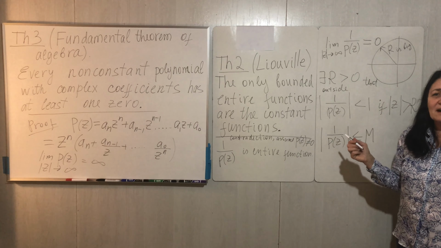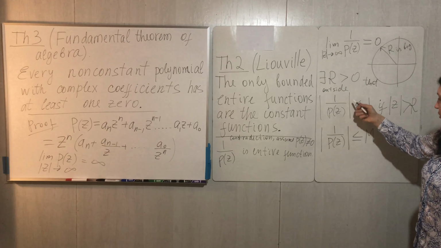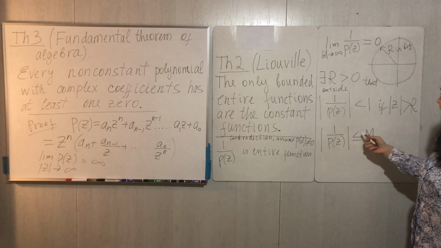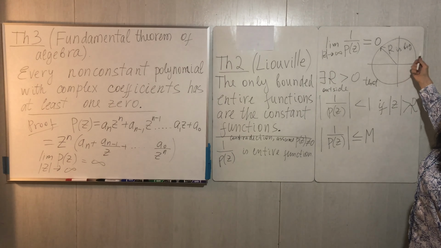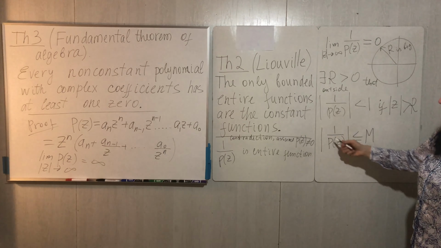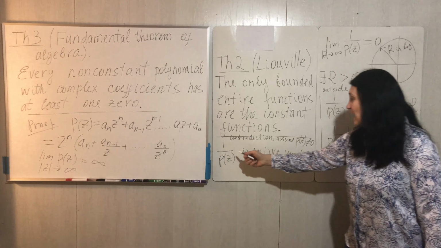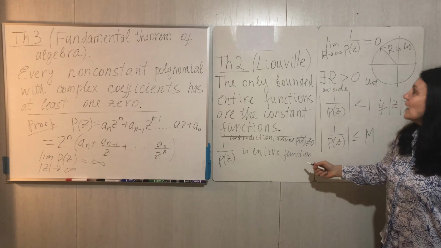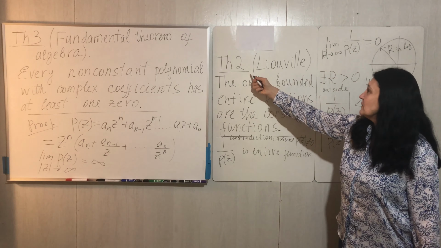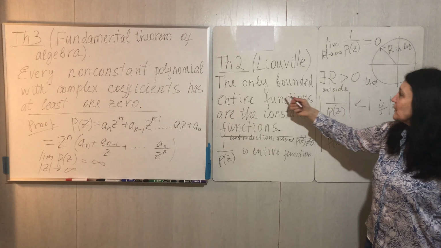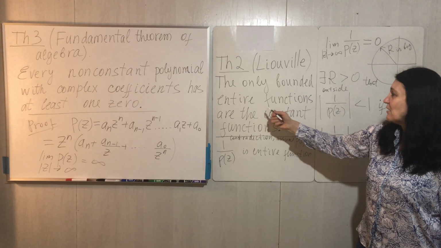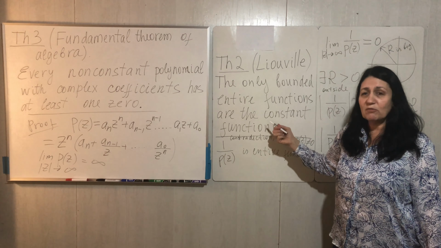So what do we have now? Now we have that our function 1 over p of z is bounded inside the disk and outside the disk, so it's bounded everywhere, and we know that our function is entire. And let's recall Liouville's theorem. The only bounded entire functions are constant functions.